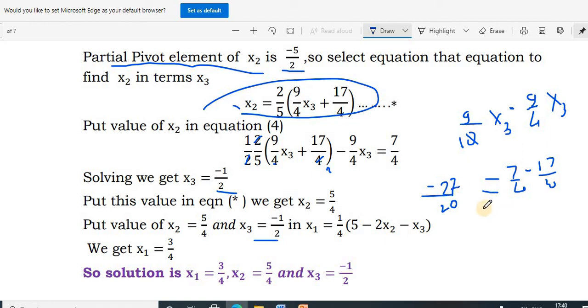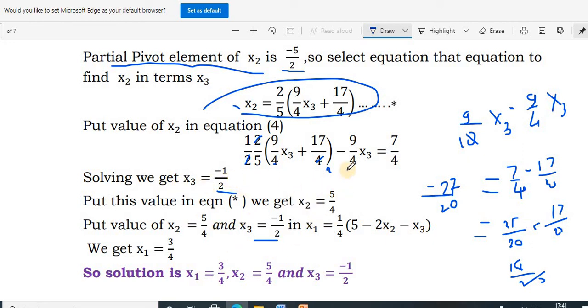And here also do the calculations. 17 by 20. So we have to multiply it by 5. So 35 divided by 20 minus 17 by 20. So if you subtract this, we are getting 18 by 20, and if you simplify, you get x3 is equal to half.